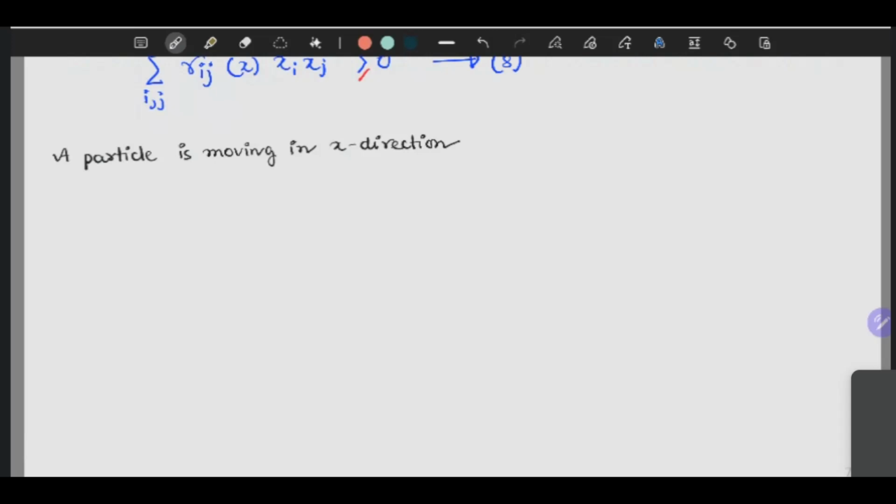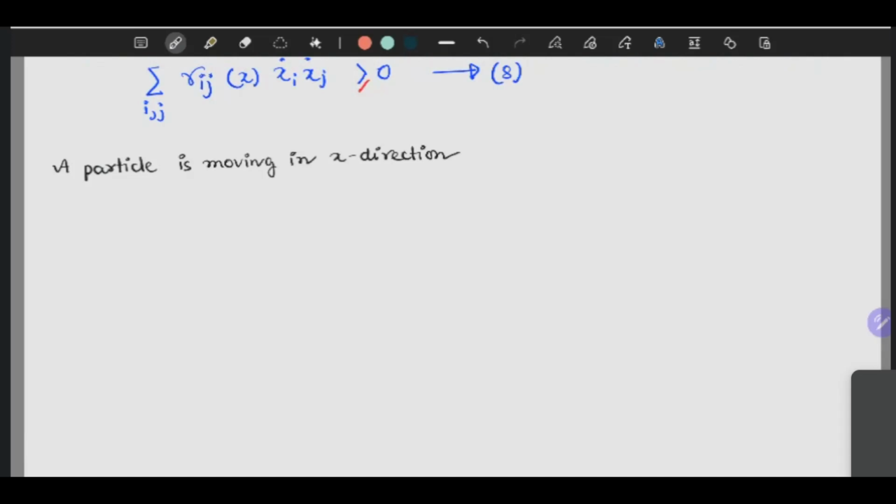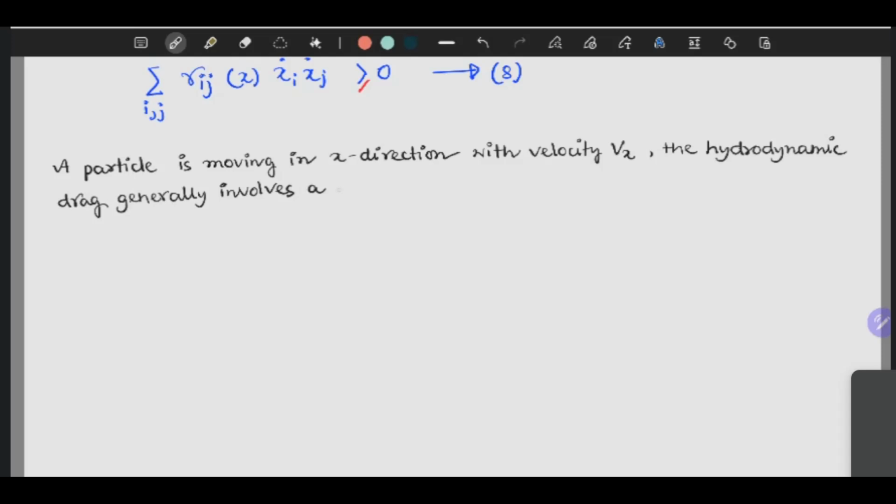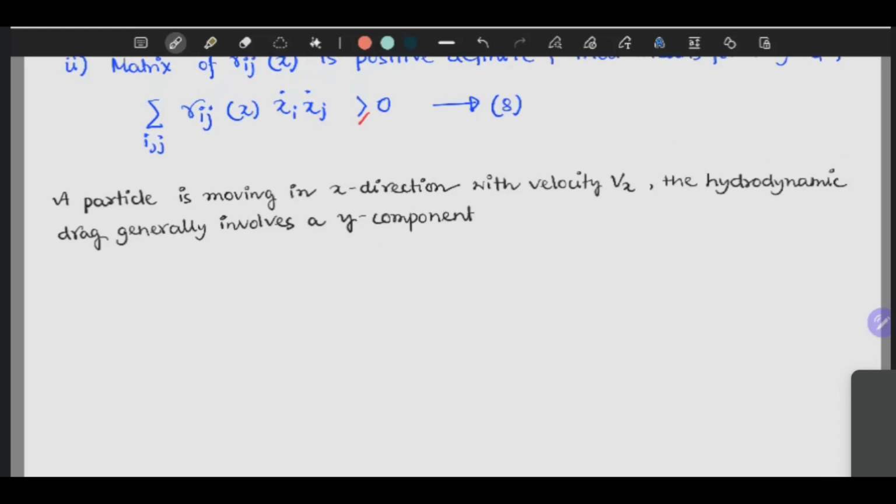So the particle is moving in x direction with velocity, let's say, vx. Then the hydrodynamic drag generally involves a y component.